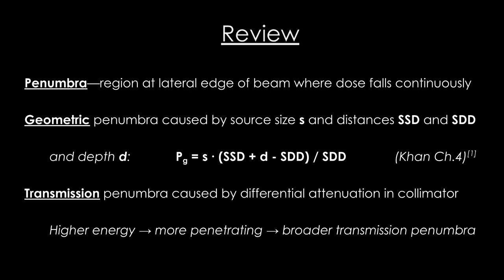And we can extend that SSD with the depth into the target to get this approximate width equation given by Kahn's Radiation Therapy Physics, chapter 4. The transmission penumbra, on the other hand, is caused by differential attenuation in the intervening material of the collimator, and higher photon energy leads to greater penetration and thus a broader lateral beam profile.